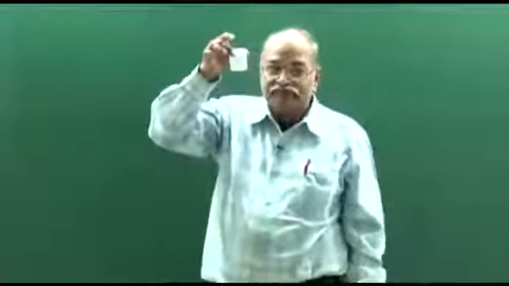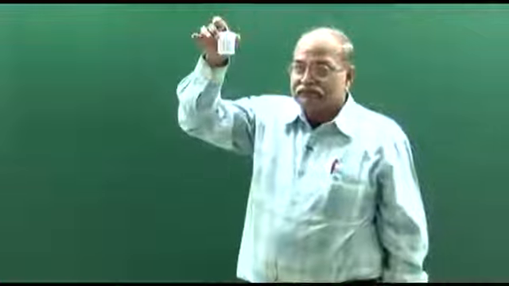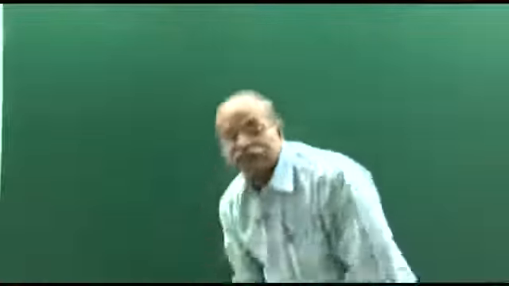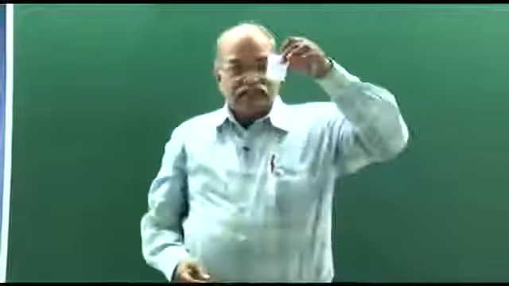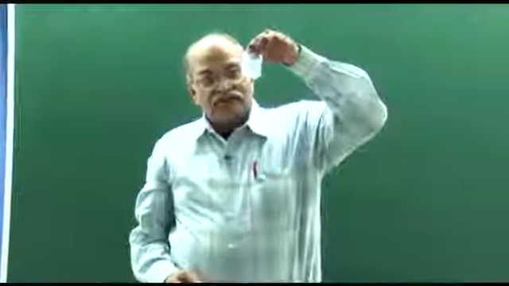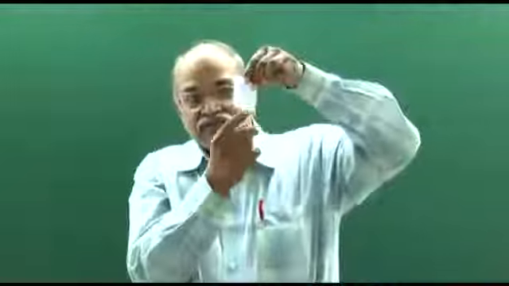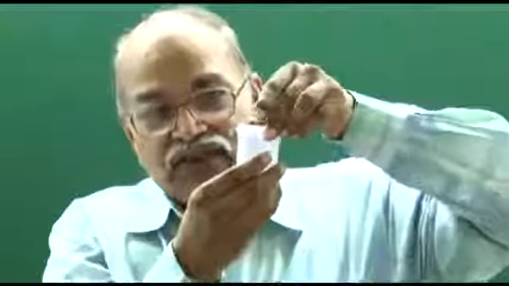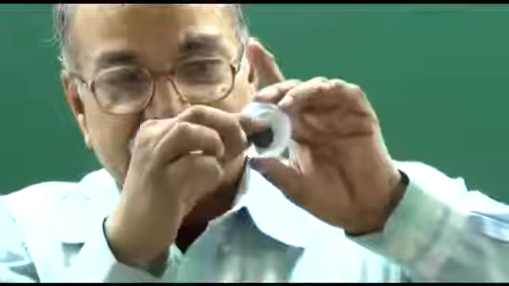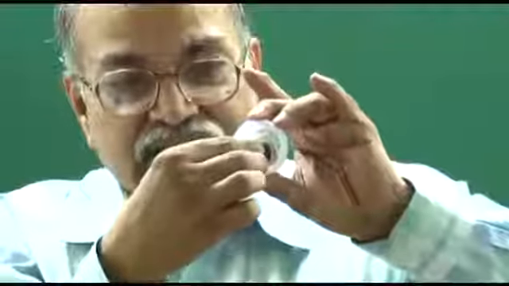So, see what happens. I am just dropping it. So, where has the magnet gone? It's not here. The magnet has gone to this lid and it gets stuck to this upper magnet.